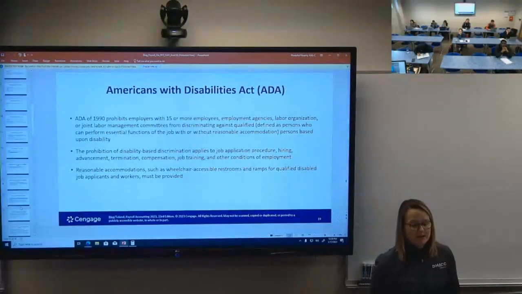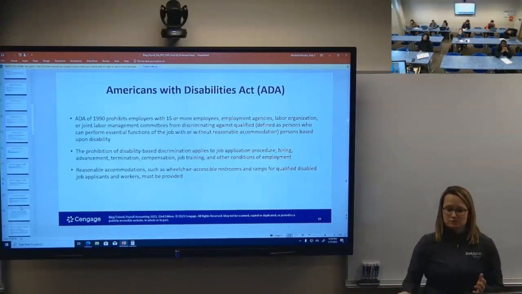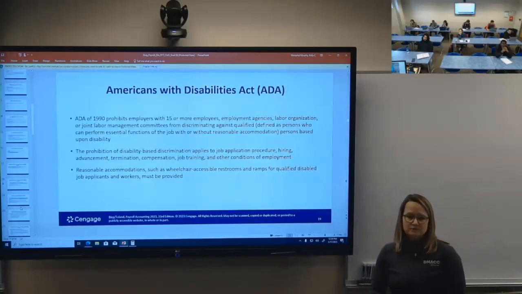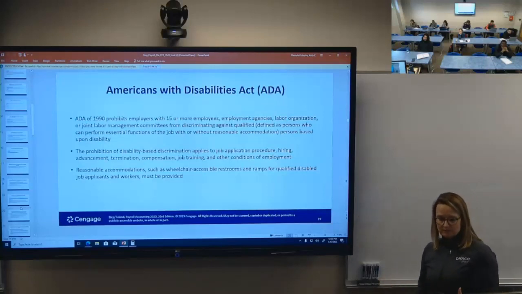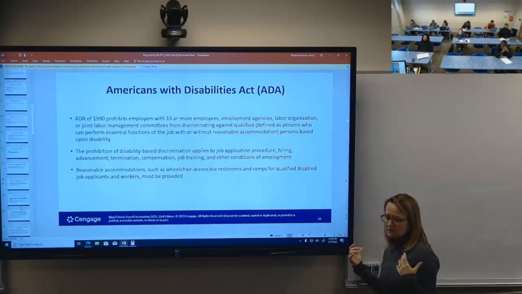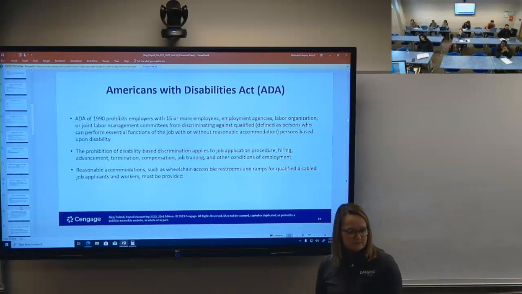So a reasonable accommodation might be, let me think, maybe somebody who's paralyzed from the waist down. They've got some mobility issues, but they're fully able to perform a desk job, but some accommodations will need to be made to the workspace in order to do that.